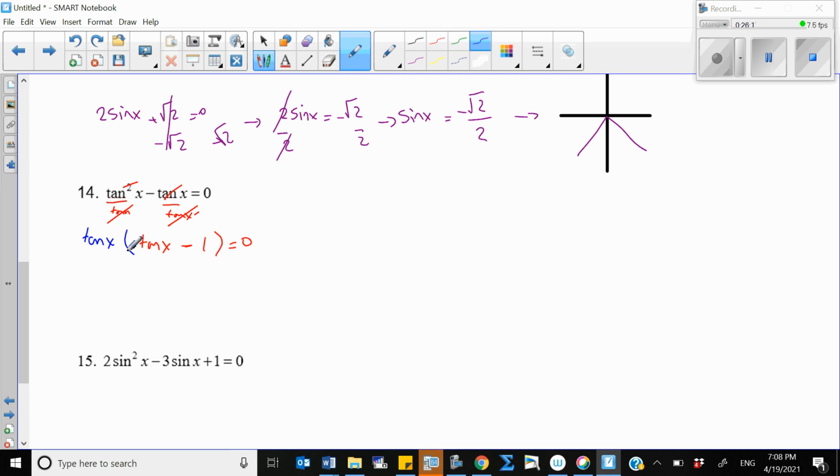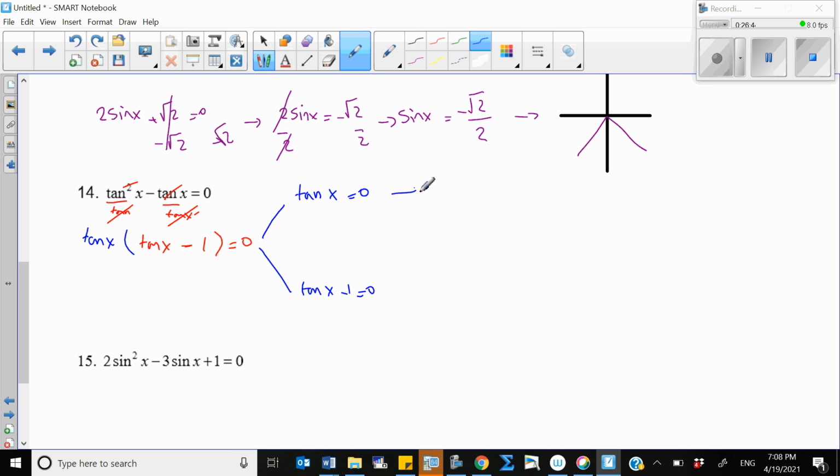Now we know that if we have a product of two factors equal to 0, that means each of the factors separately is equal to 0. So I can write this as two different equations. One of them is this factor, tangent of x equal to 0. The other one is this factor, tangent of x minus 1 equal to 0.